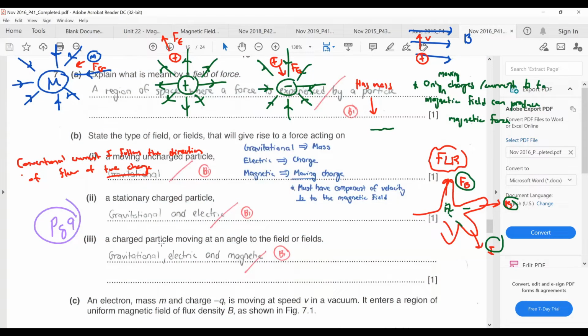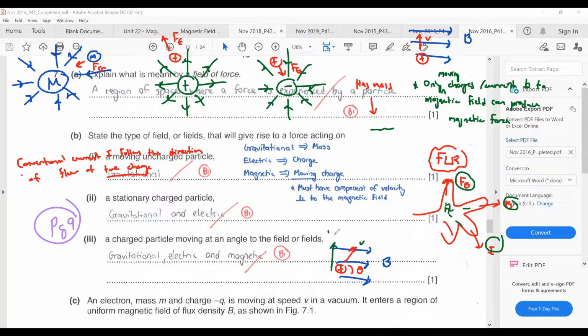So you have a charged particle moving at an angle to the field or fields. That one is akin to saying something like this. Your field is like this, but your charged particle is moving at a certain angle theta. Since it's moving at a certain angle theta, you can resolve the motion into two perpendicular components.